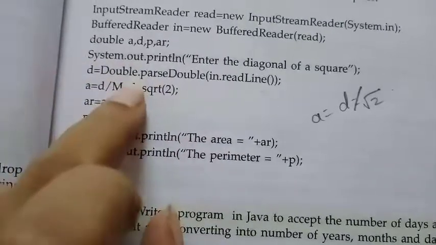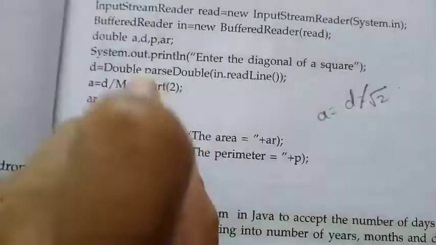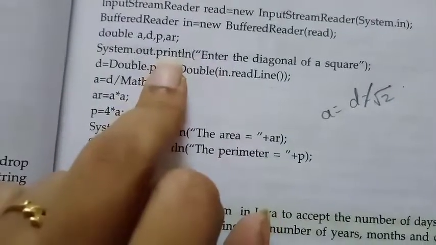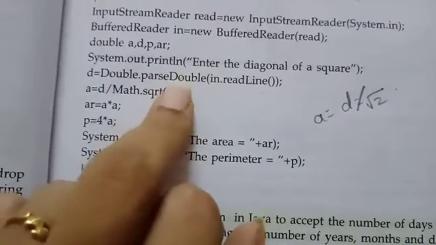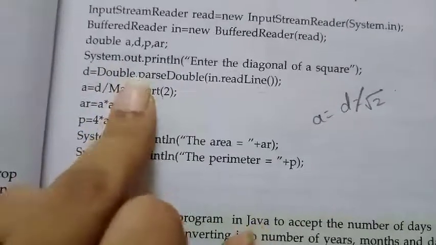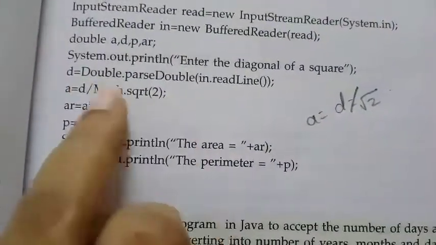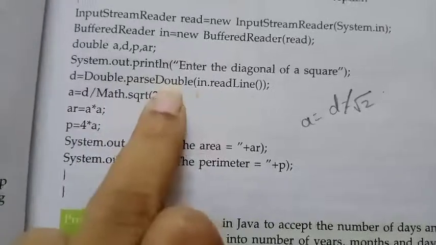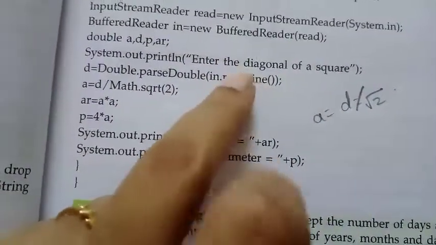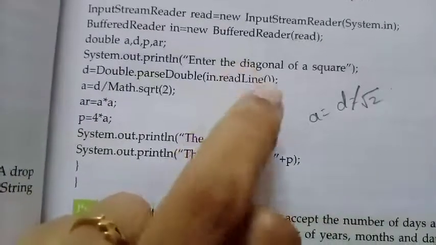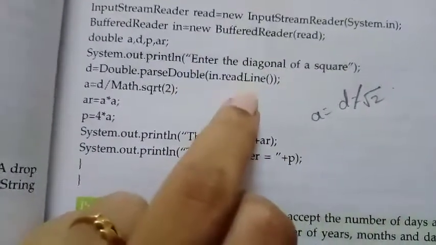Okay, this is your Double class name, dot. Usually how you call the methods, that is the functions inside your class, is using the dot operator. We already saw that, no? So Double.parseDouble, this method call will convert this read data, that is the data which you are going to read from the buffered reader, which is going to be characters.